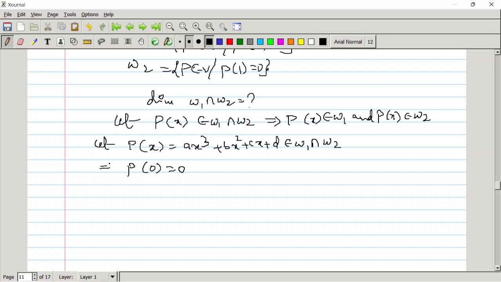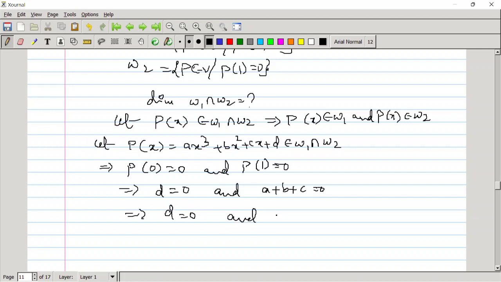That implies p of 0 has to be equal to 0 and p of 1 also has to be 0. From this we can say d equal to 0, and from this a plus b plus c equal to 0. So from these two, what we can conclude is d equal to 0 and a equal to minus b minus c.